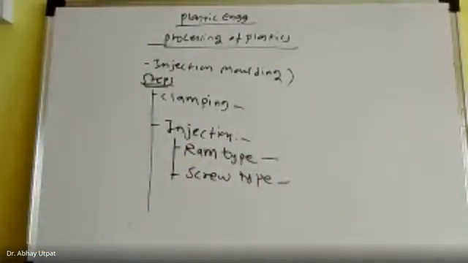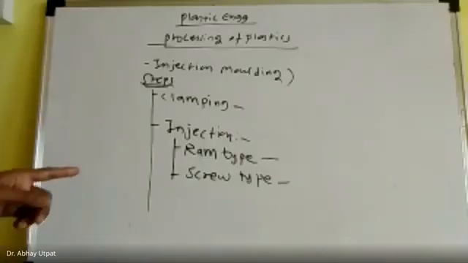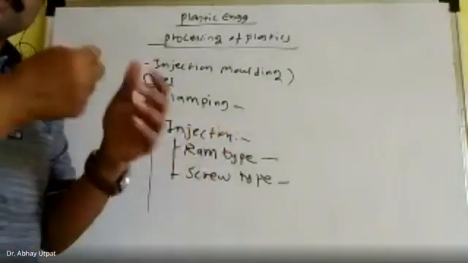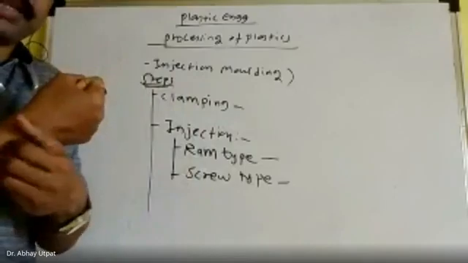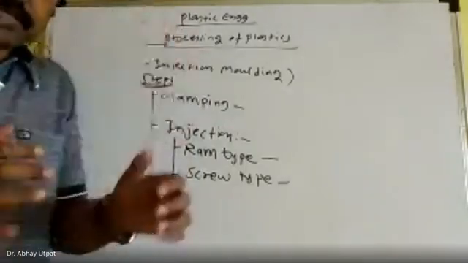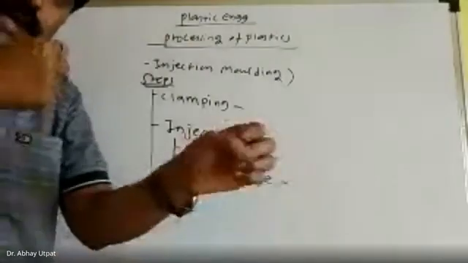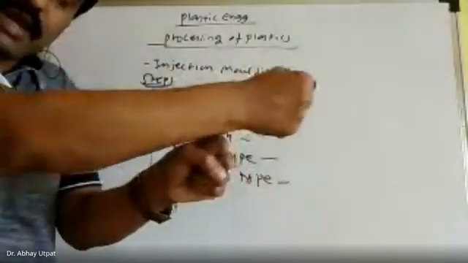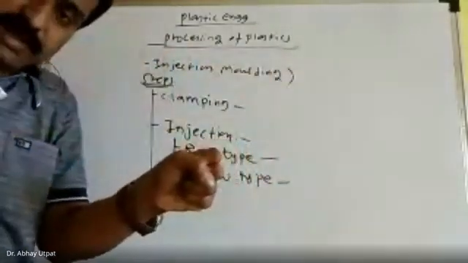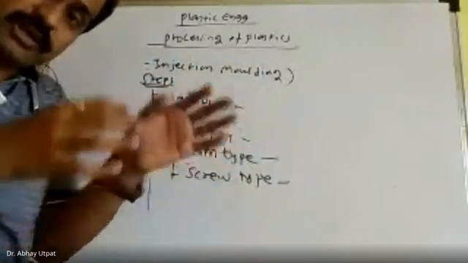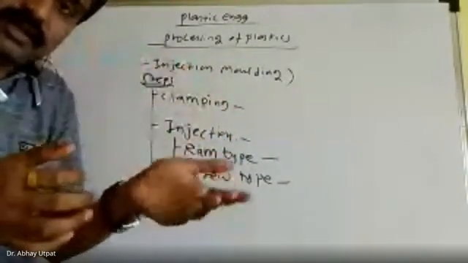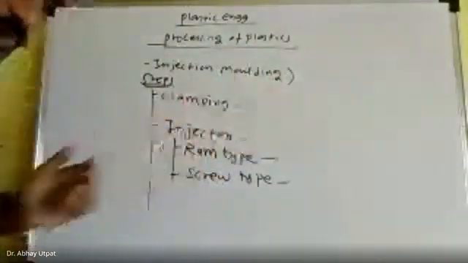In ram type injection, there is an arrangement of piston and cylinder-like mechanism where the plastic granules are forced into the heating chamber, and at the end of the heating chamber there is a nozzle. From the back side there is a force, and because of that force plastic granules are sent to the heating chamber and then to the nozzle.